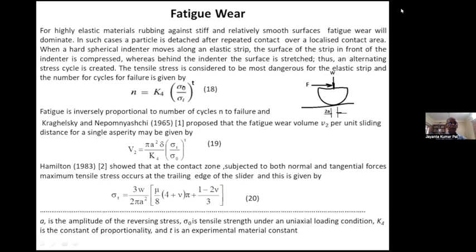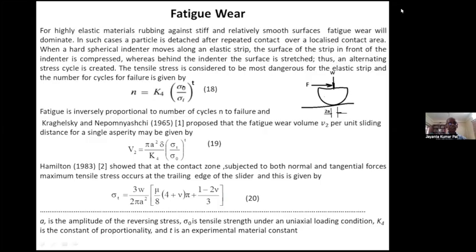Kragelsky and Nepomnyashchi in 1965, the references are given in the next page, proposed that the fatigue wear volume V2 per unit sliding distance of a single asperity may be given by V2 equal to pi a squared delta by K4 times sigma t by sigma naught to the power t.